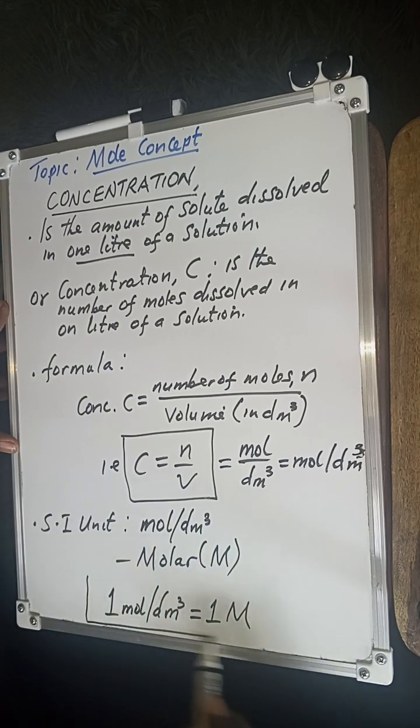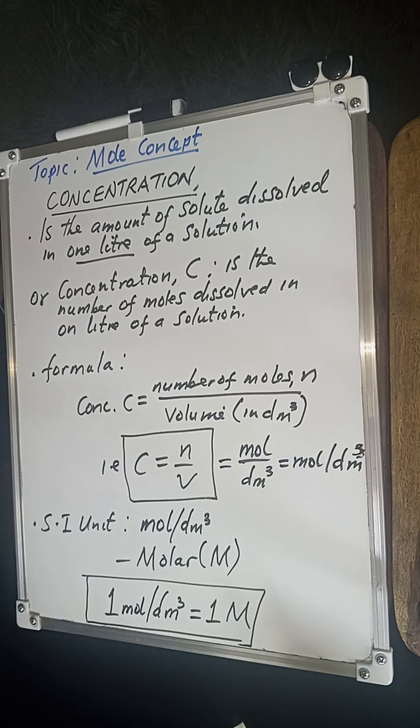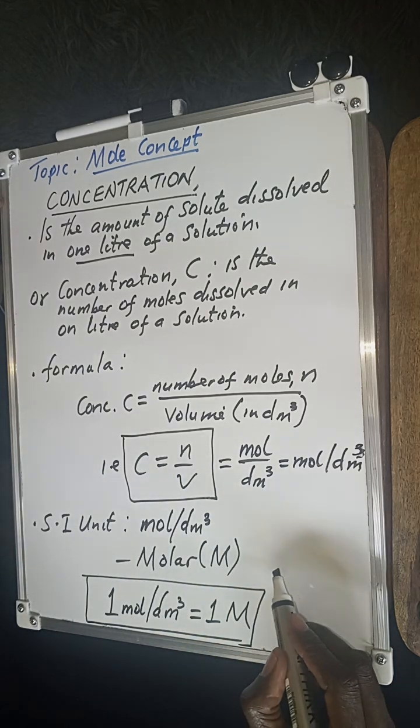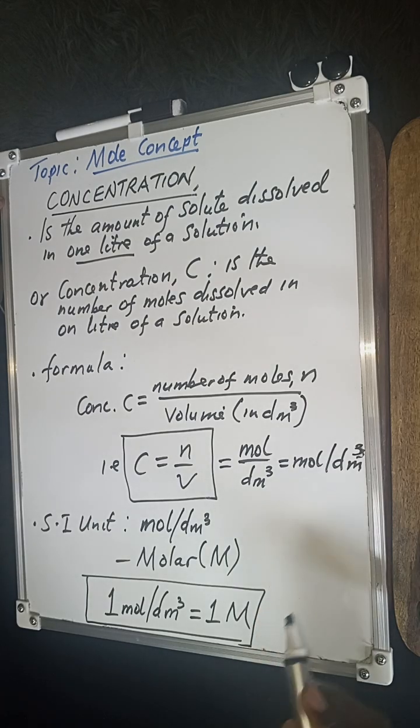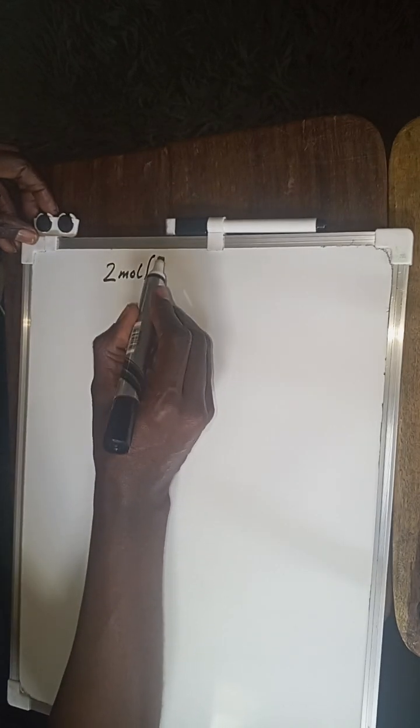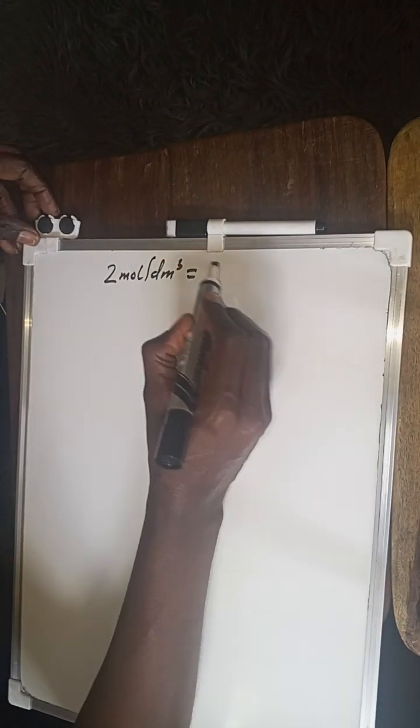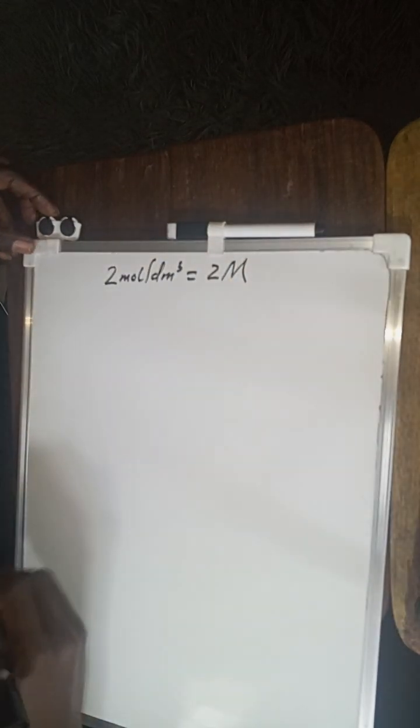Sometimes in the exam they use molar as a unit for concentration. For example, if you have 2 mole per cubic decimeter, I can just say it is 2 capital M, 2 molar. I'm simply talking about concentration.